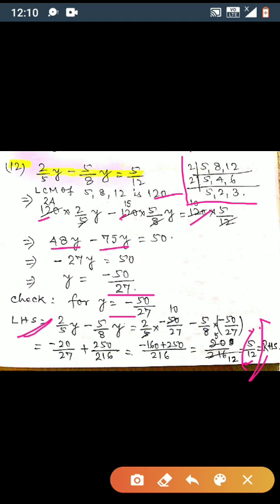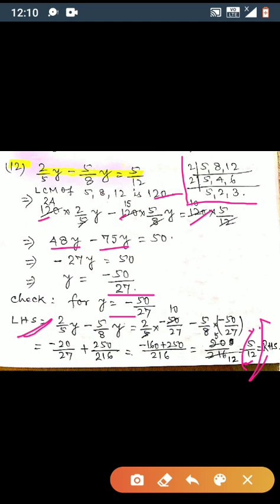Similarly, you can write minus 20 by 27 equal to minus, minus plus, 5 times 50 is 250 by 27 into 8 equal to 216. Now LCM of 27 and 216 equal to 216. 216 divided by 27, quotient is 8.